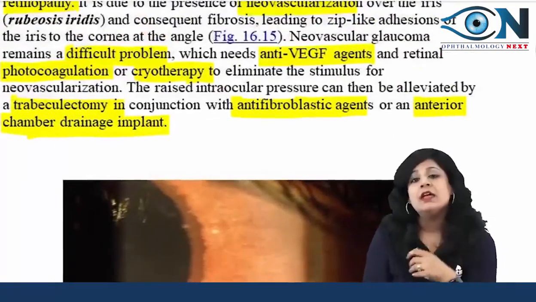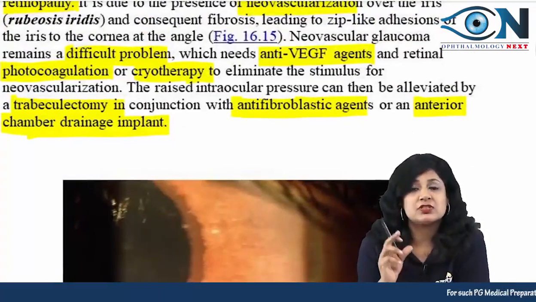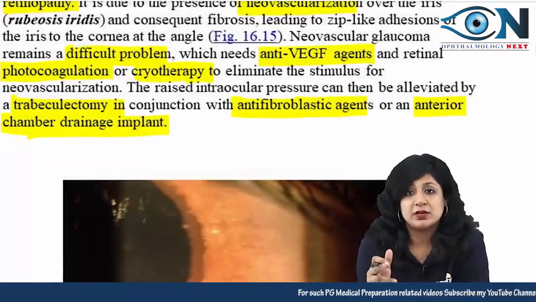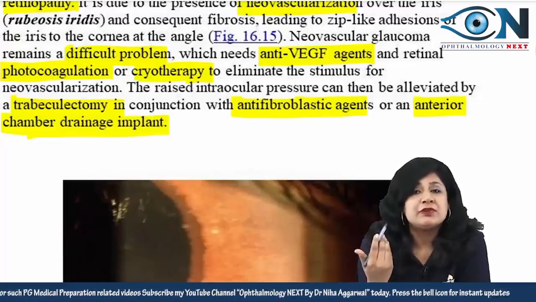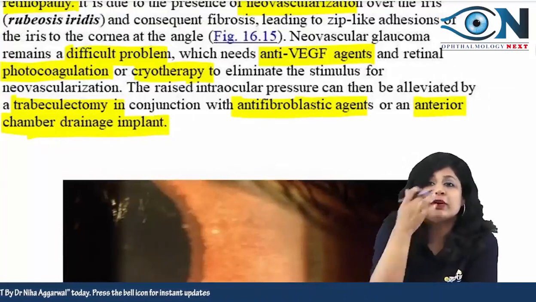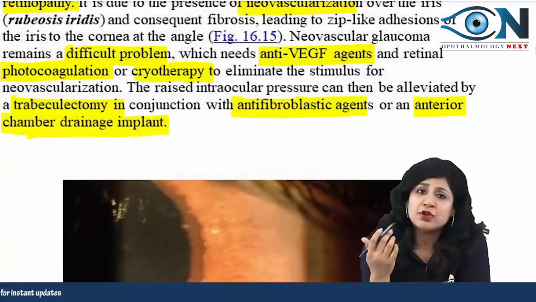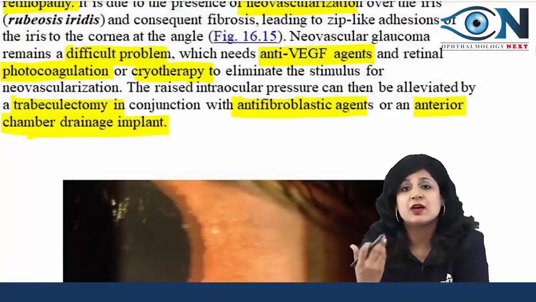So basically, the pathogenesis causing this neovascular glaucoma is very important, and the conditions where it is present are very important. You will definitely be asked about diabetes and diabetic retinopathy in every question and every exam. So one of the complications, neovascular glaucoma, is again a commonly asked topic.